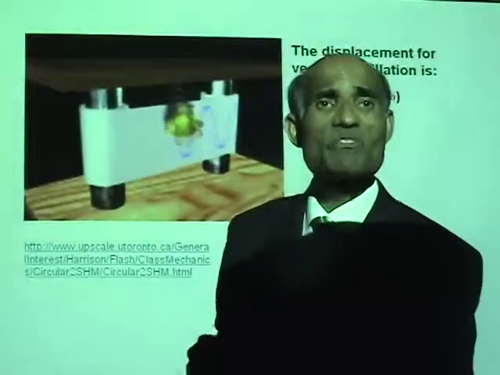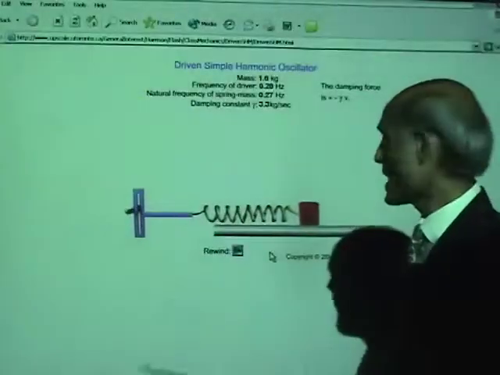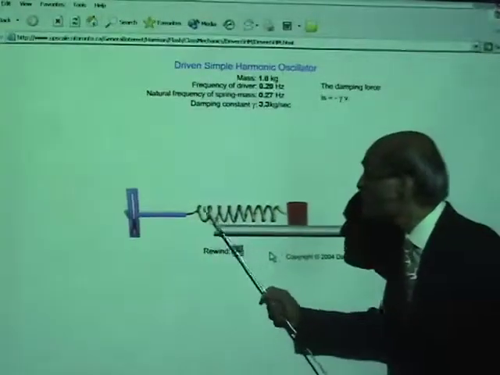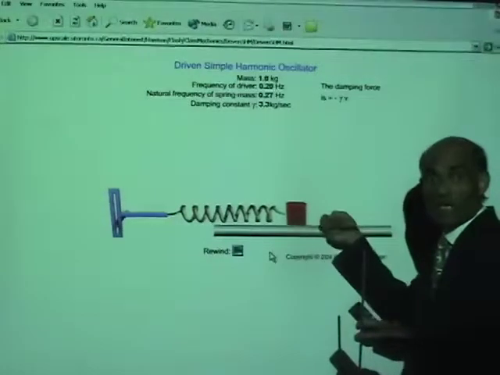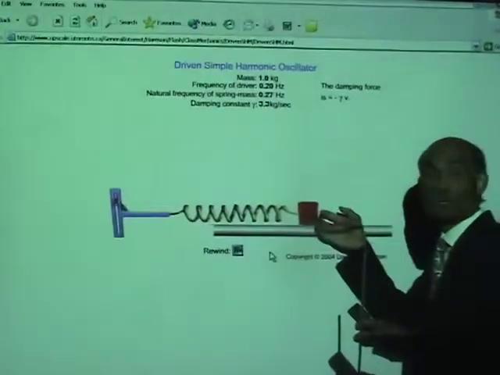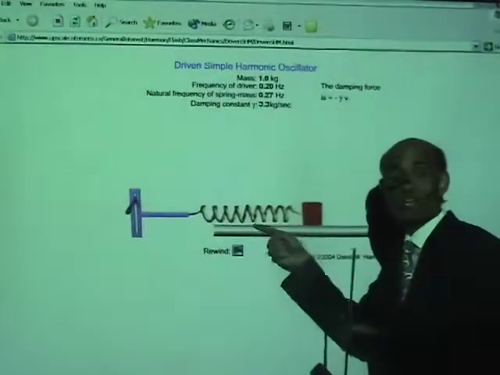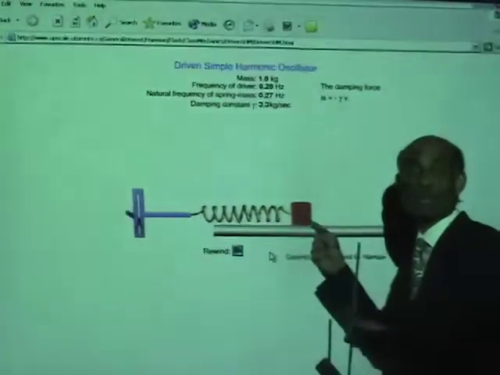Well, let me see if I can show you a horizontal oscillation. Now look at this oscillation. You can see a spring. When you pull on the spring, you go to the right extreme from the equilibrium position, and if you leave it, the mass will oscillate between a left extreme and a right extreme.